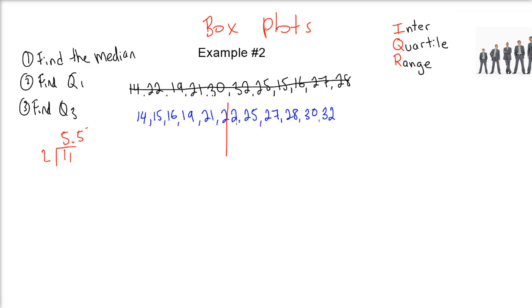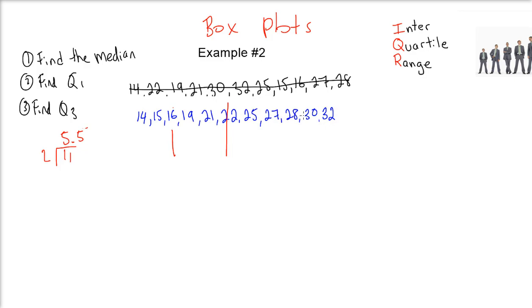We're not even going to consider 22. So let's consider all these 5 numbers. What's the median of these 5 numbers that are between 14 and 22? It looks like 16. 16 is right here. And what about these 5 numbers? What's the upper quartile of those 5 numbers?